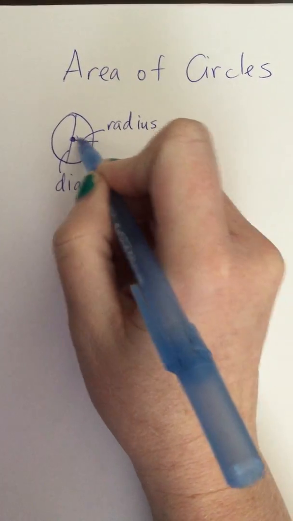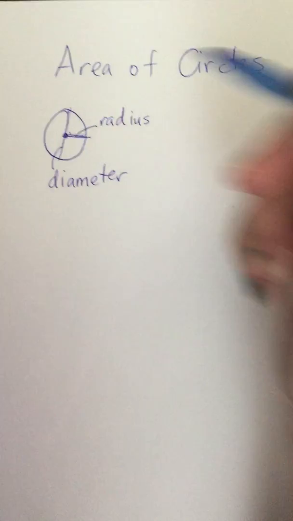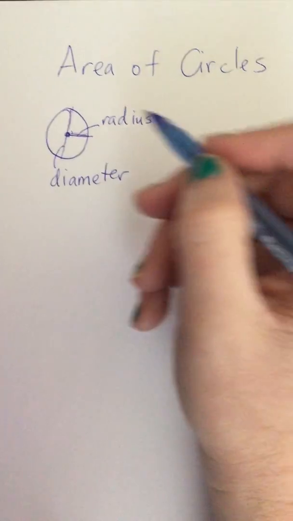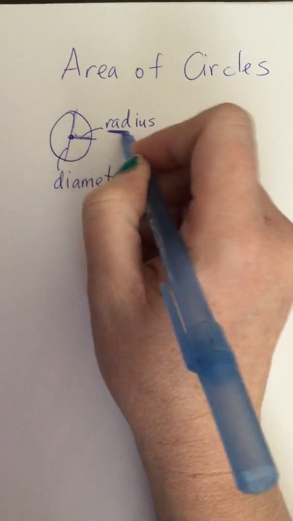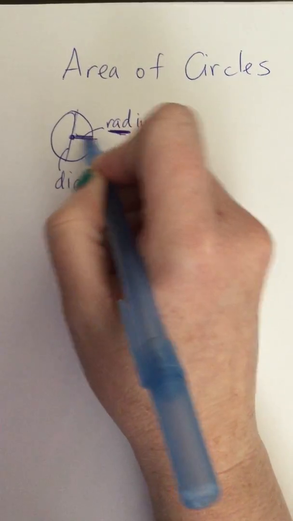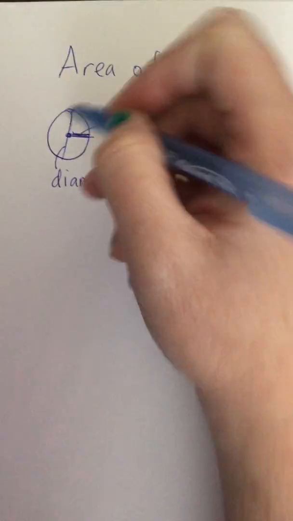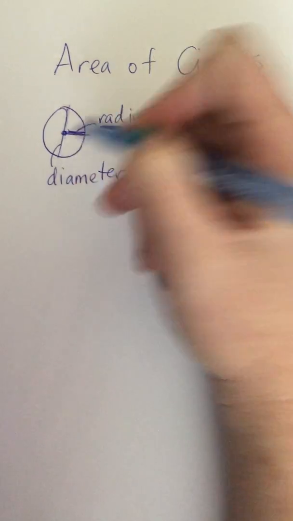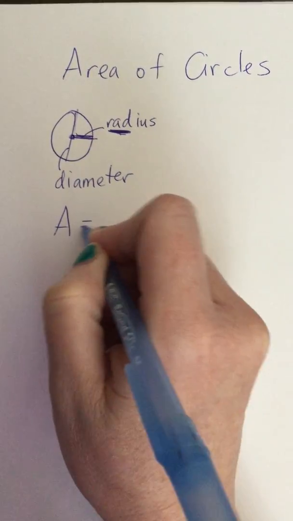So the halfway mark is called the radius, and the whole length is called the diameter. One way I remember it is the little short one. Short people are rad, because I'm short. So the little one is called the radius, and the long word is the diameter, and that is the longer length.